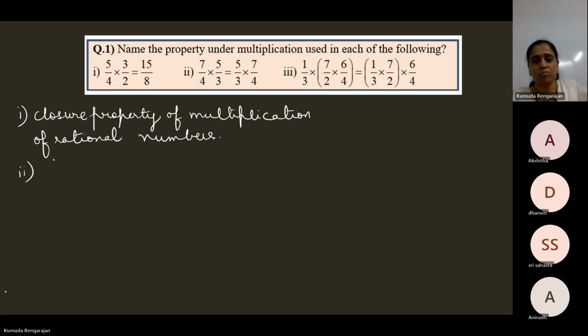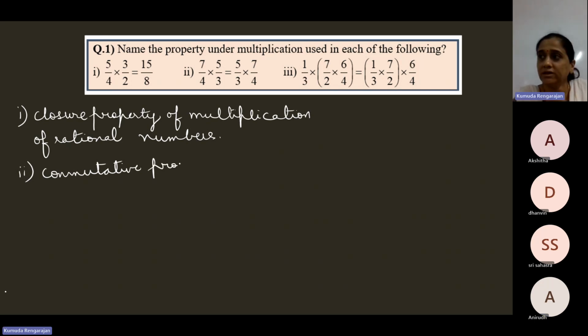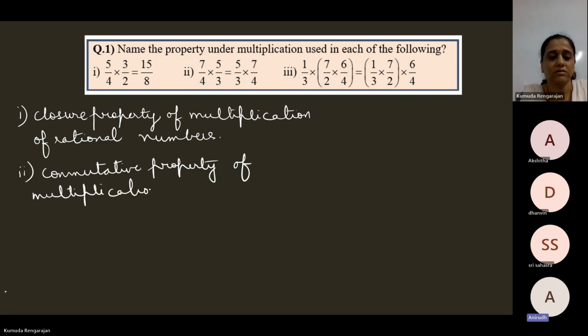Next one. Ma'am, commutative property of multiplication of rational numbers. Correct. Commutative property of multiplication of rational numbers. Third one.